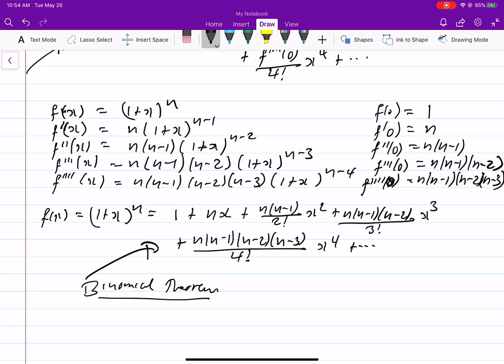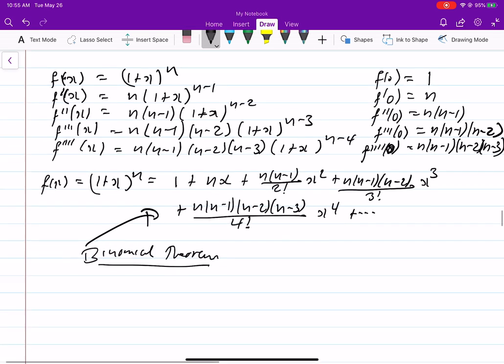So effectively, the binomial theorem is like a special case of Maclaurin's theorem. You get the binomial theorem directly from Maclaurin's theorem when you find the Maclaurin series expansion for (1 plus x) to the n. You end up with the expansion for the binomial theorem, that infinite series, when n is not a positive integer. All right, that's pretty cool.